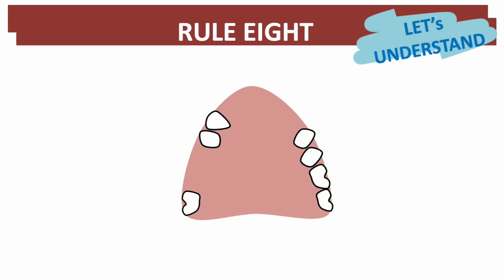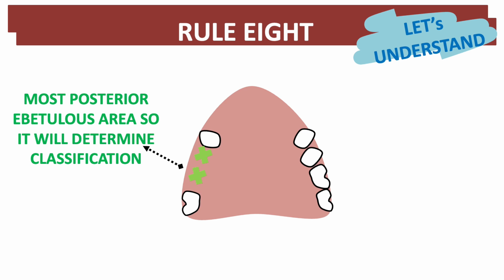Look at the figure. We have some of the dentition missing in the anterior region and some in the posterior. The posterior-most edentulous area will determine the classification as per the rule. So according to the posterior-most edentulous area, this is Kennedy's class 3.